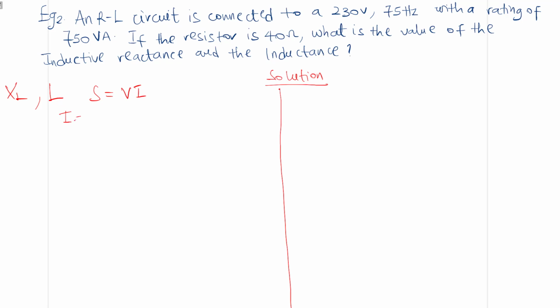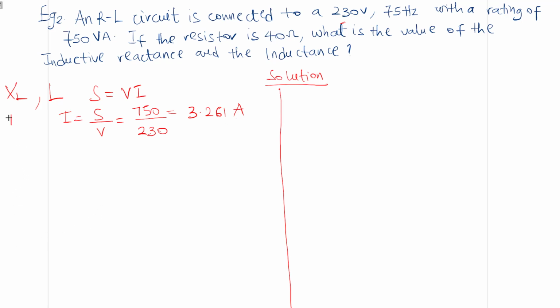So from here I can find a current, because I have S and I have V, right? So my S, which is 750, out of the voltage, that is 230 from here, the supply, right? So I should have a current of 3.261 amperes, right?